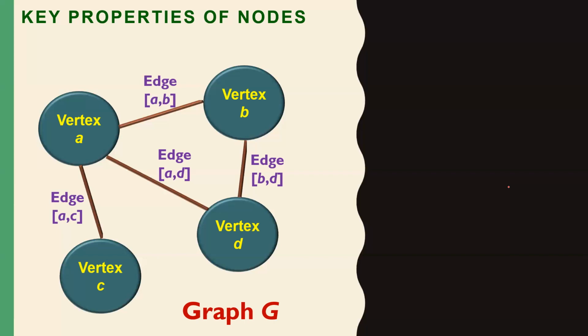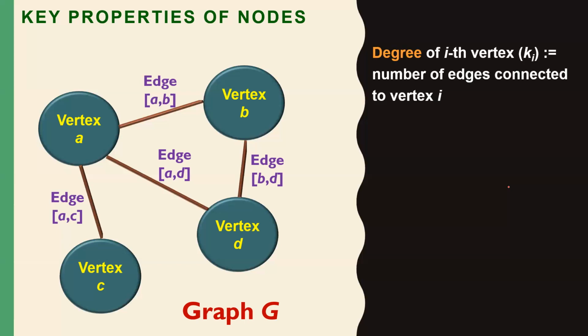So now let's look at the key properties of nodes. How can we describe nodes? Because the size and the order are global properties of the graph. Let's now look at some more local properties. In particular, what are the quantitative characteristics that we can attach to nodes? So, for instance, we start with the degree.